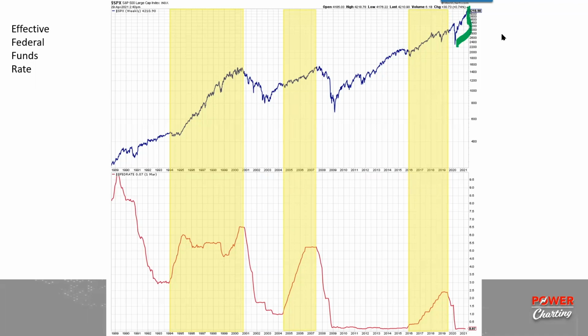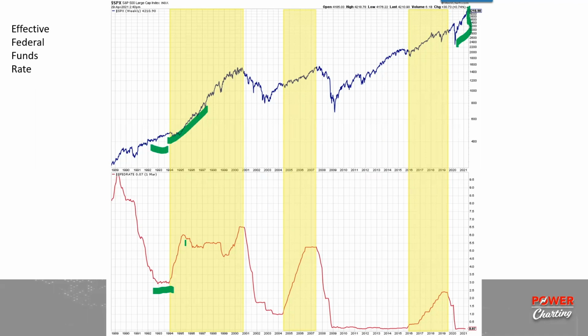I want to show you this chart on the Fed funds rate, because I think it tells us what we need to know about Fed policy. So if we look at this, we can see back in the 90s that rates are low for a period of time to help the economy get back on its feet again.